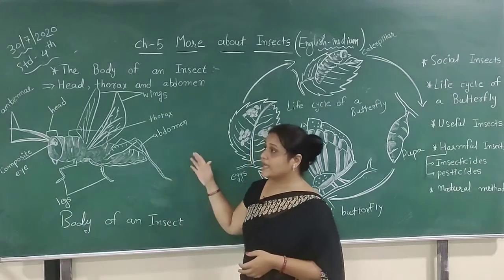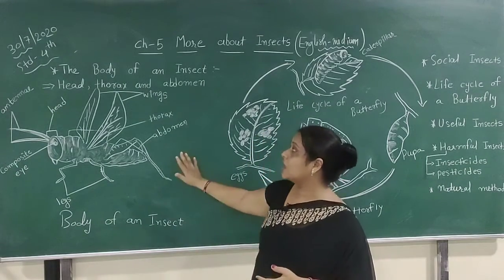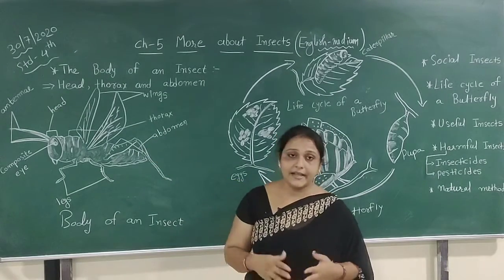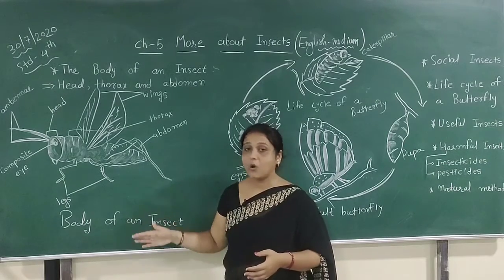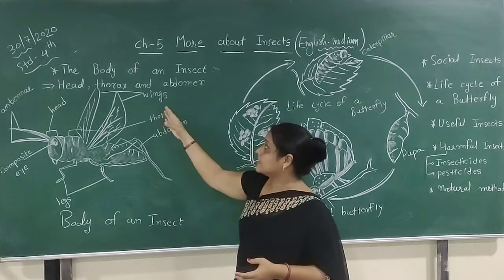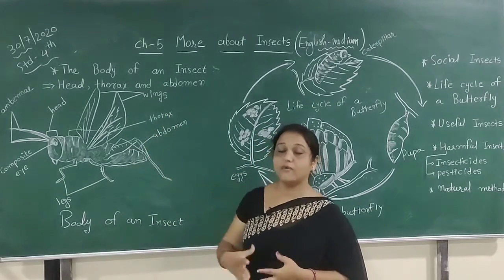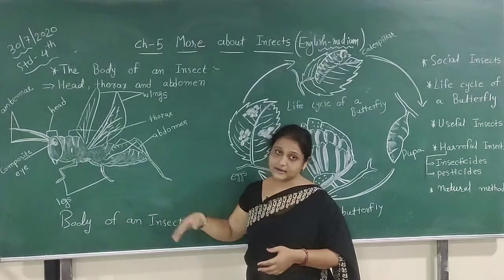Okay students, so in this chapter first we have discussed the body of an insect. Their body is divided into different parts. Some insects have three pairs of wings, some have two pairs of wings, and some have one pair of wings. Three pairs of legs are available.